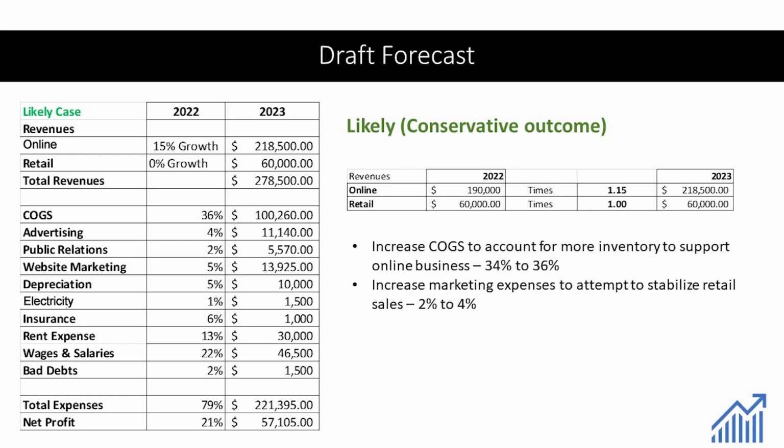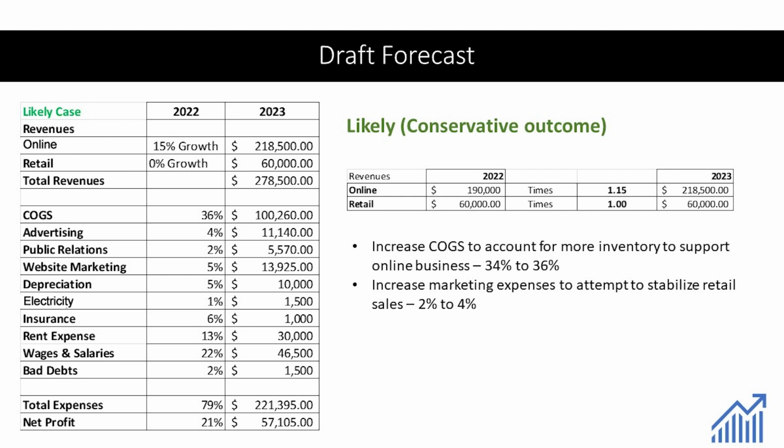$278,500. Because we did the vertical analysis and we know what the percentages are for each one of our expenses, we then can make independent estimates for our expenses. In this case, the owners decide to do 36% for cost of goods sold, 4% for advertising, 2% for public relations, 5% for website marketing, 5% for depreciation, 1% for electrical, 6% for insurance, and the rest.